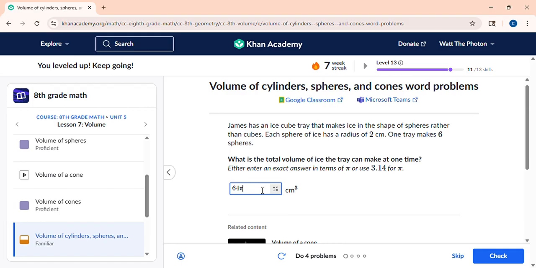Did I math wrong? Into each sphere. Each sphere has a radius of 2 centimeters.